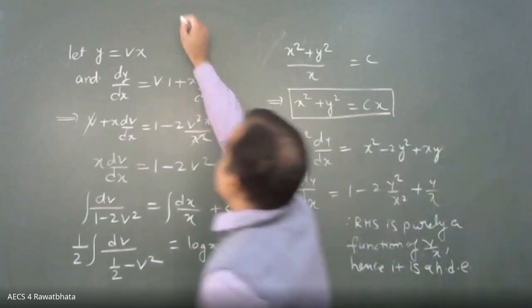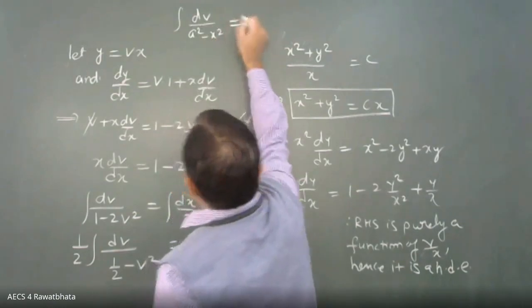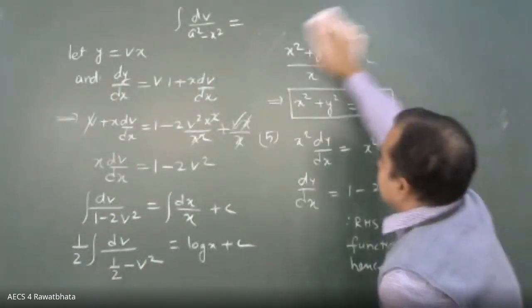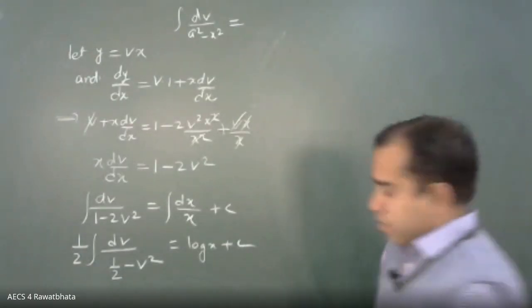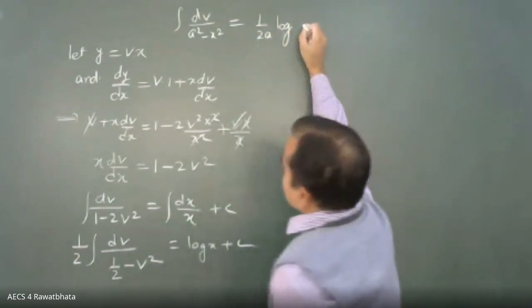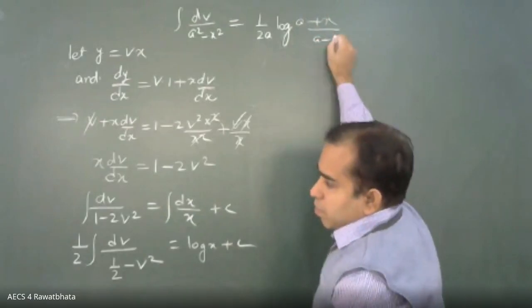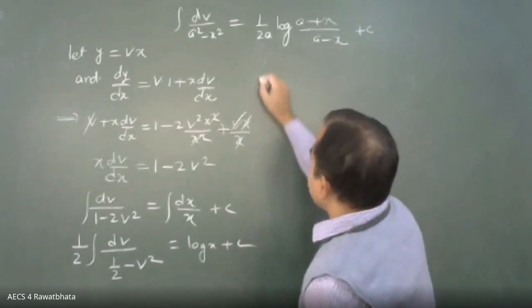What is that formula? Integral dv upon a square minus x square. Tell me Hitesh, tell me. Plus c. This is the formula. So let us apply. You are absolutely right, Hitesh.